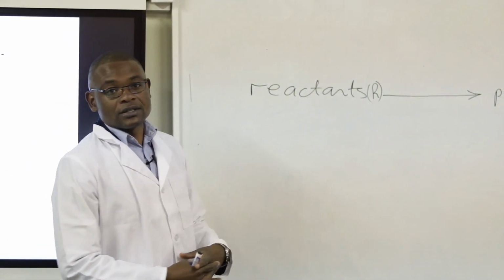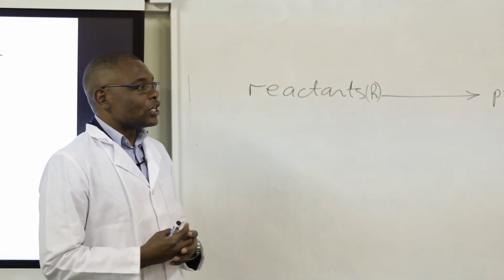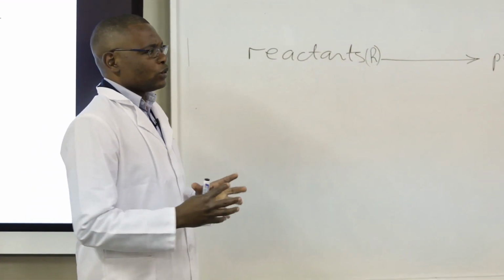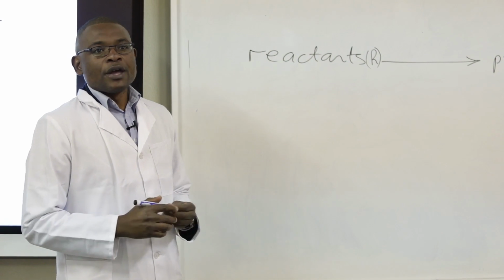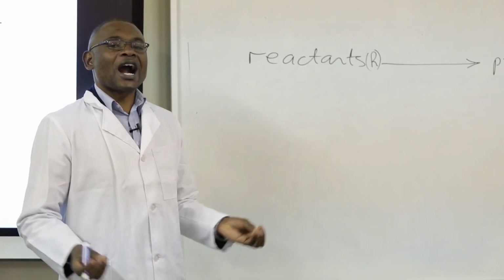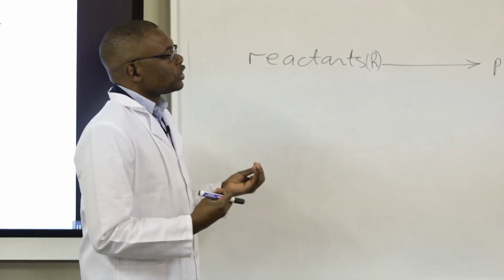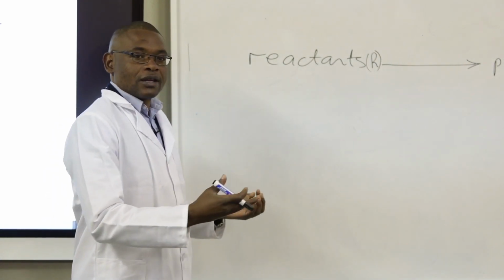There is a tendency of the reactions becoming reversible. Why do they become so reversible? Because they will be trying to counter or to balance up concentrations of products and reactants.